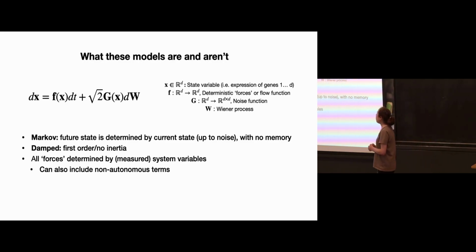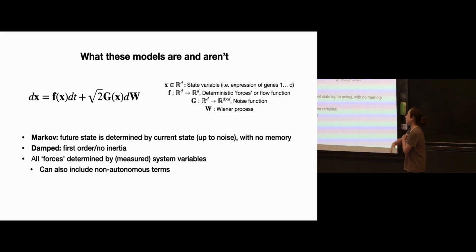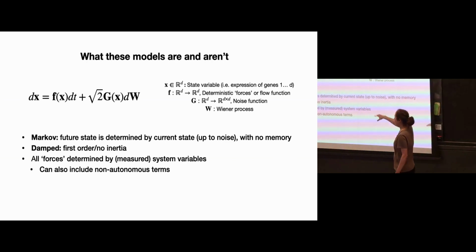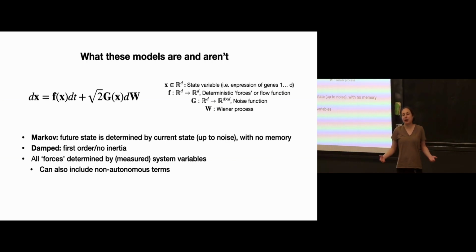And then another thing to mention is that, implicitly, all of these models assume that little f here, this function, as well as big G, are only allowed to depend on the variables you've measured, right?